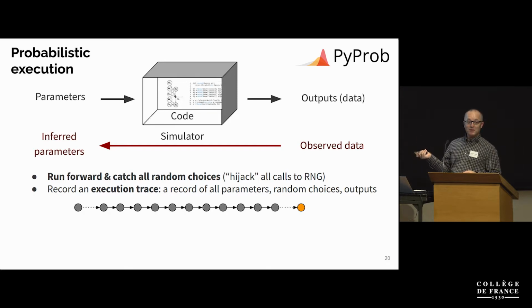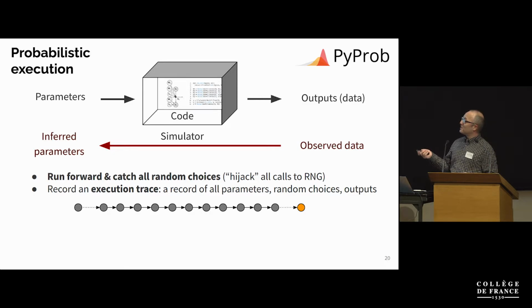Instead of using the language's random number generator, you just redirect that to a call from a library we created. That takes care of connecting the source of randomness of the simulator to the probabilistic programming system running in Python. So that's what I mean by running the code forward and catching all random choices.